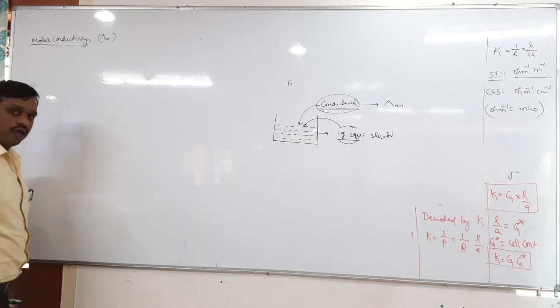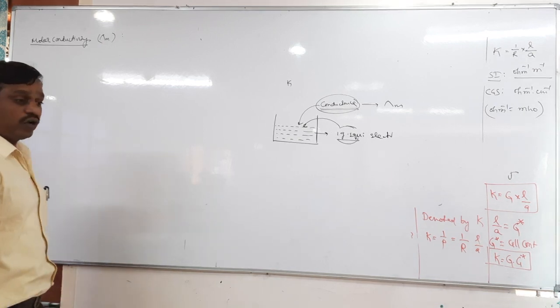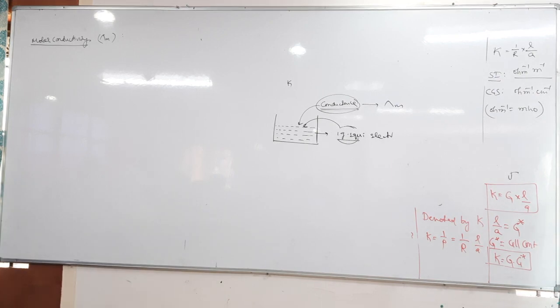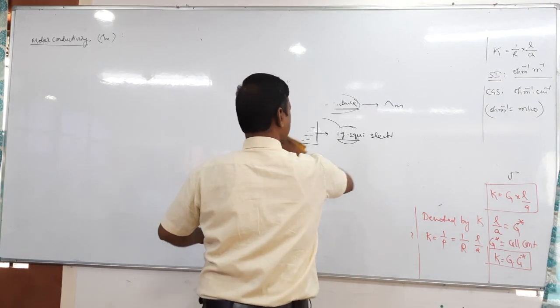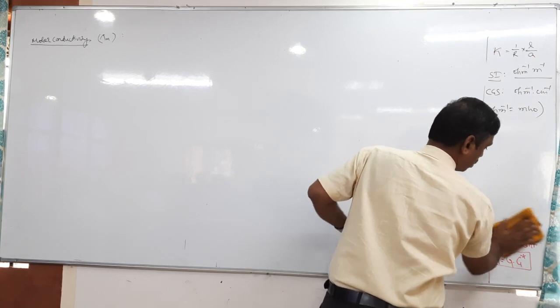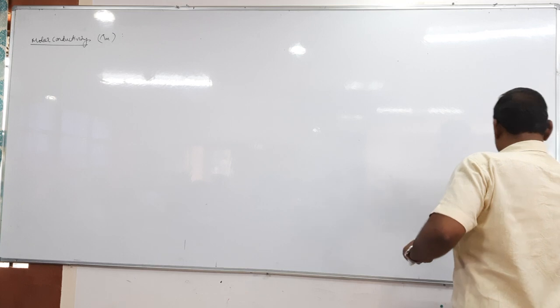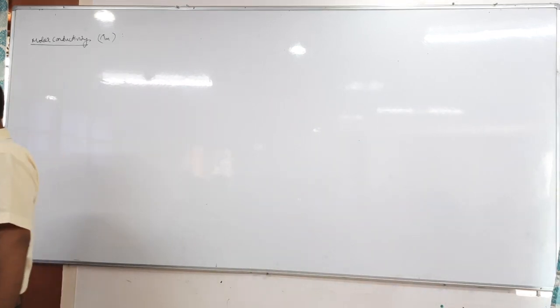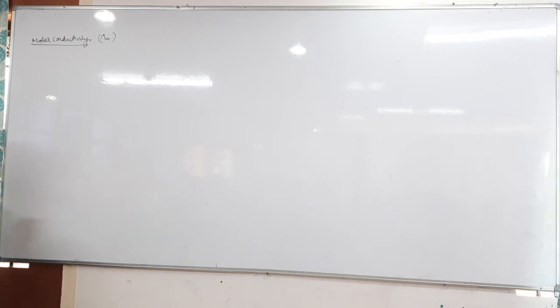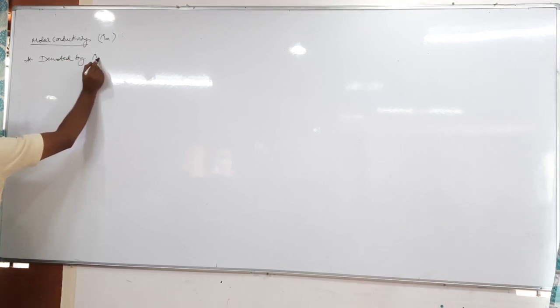The conductance of electrolyte solution containing 1 mole of electrolyte in a given volume is called molar conductivity. Next point, it is denoted by lambda m.